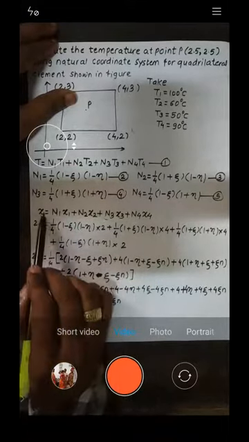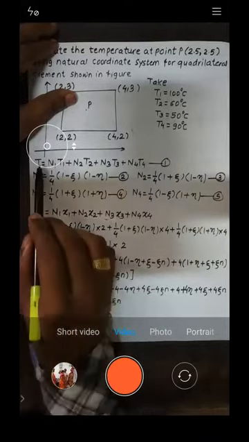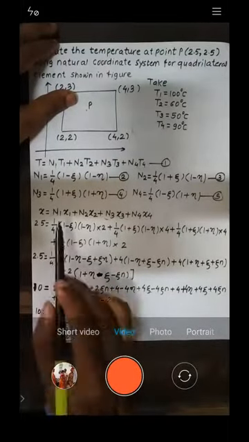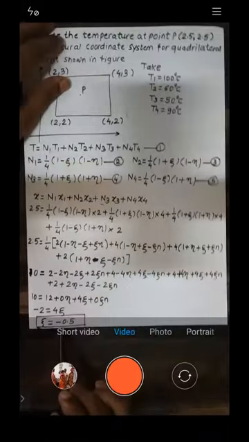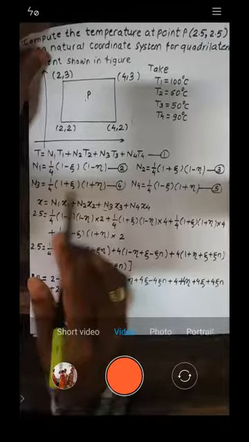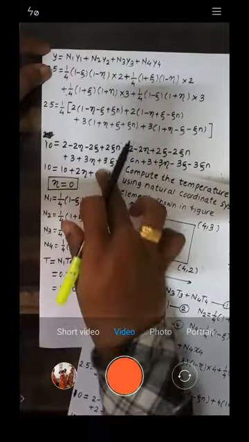I know the x coordinate of the point P, so I use the formula for x. By putting those values of shape functions in this formula, I got the value of zeta. The same exercise I repeat for the y coordinate, and I am getting the value of eta.